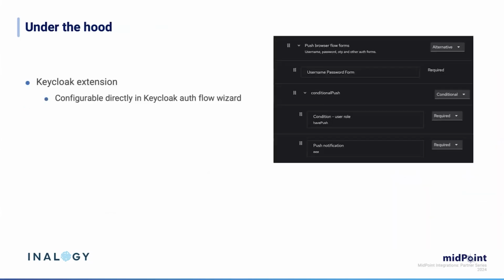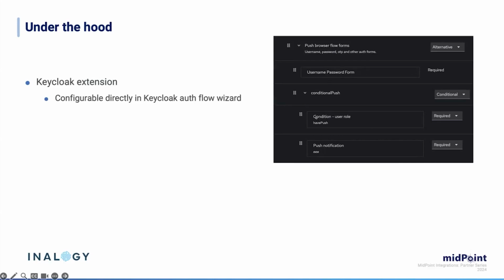What is under the hood of this solution? Firstly, the Keycloak extension. Thanks to Keycloak extensions, there are easily definable authentication flows in Keycloak. You can see in this screenshot the authentication flow for our demo environment. Basically, the login screen requires username and password, and there is a condition.